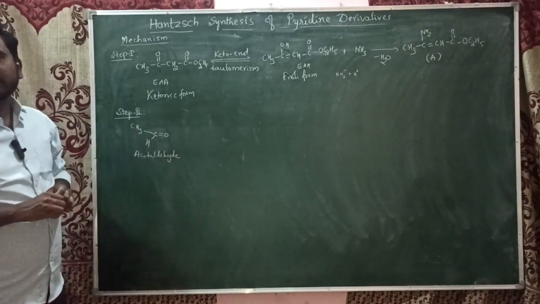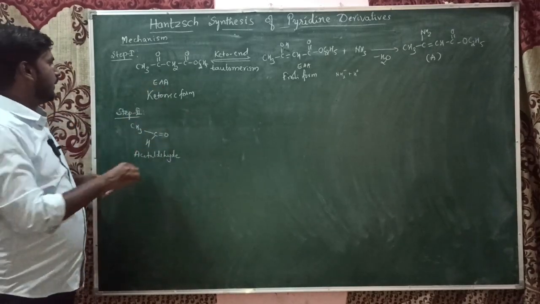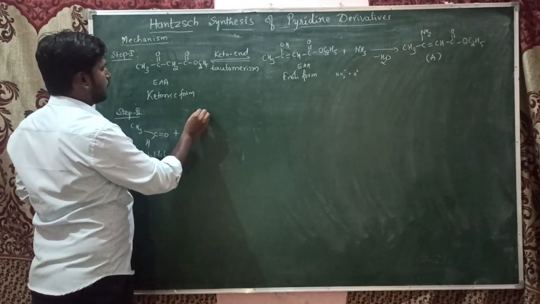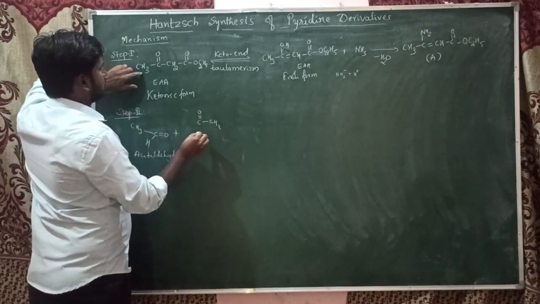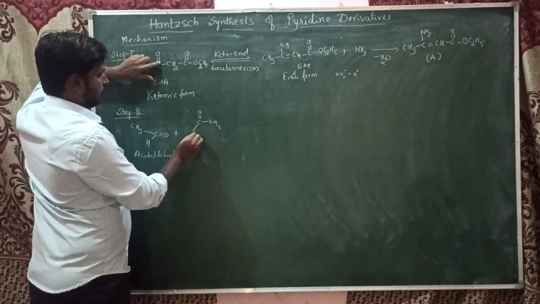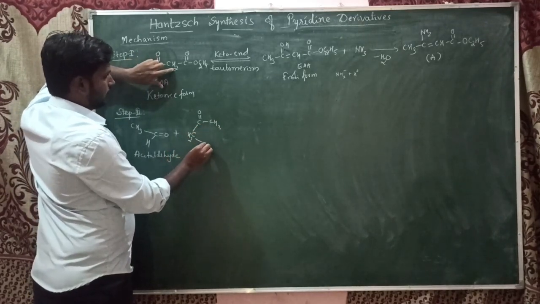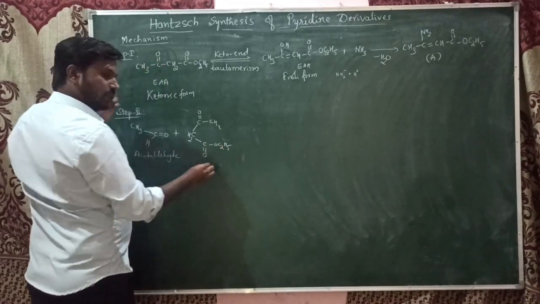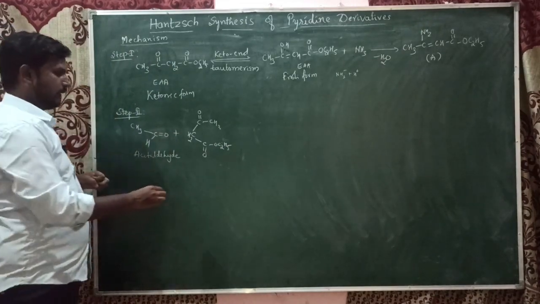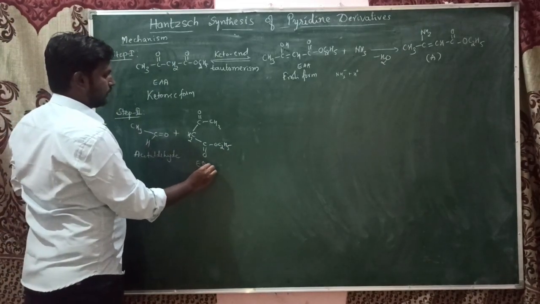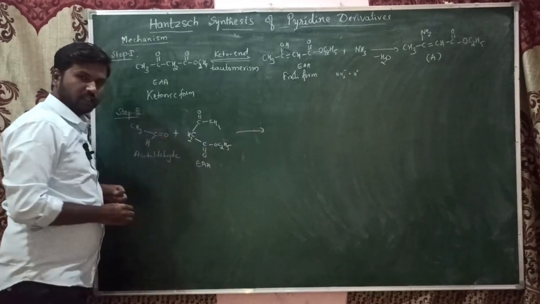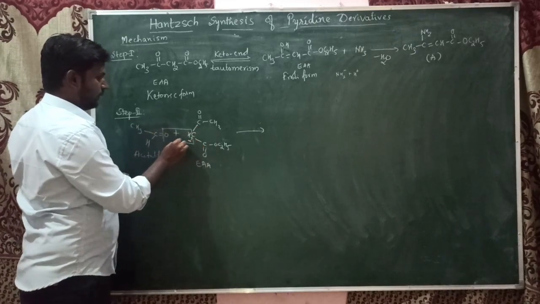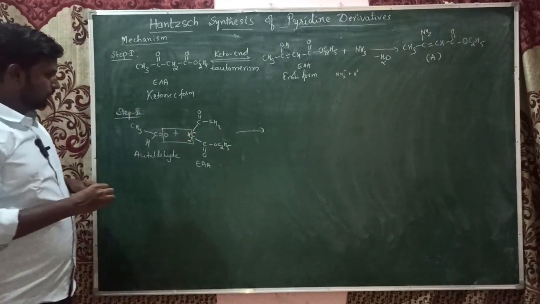Now it is going to condense with this EAA, CH3COCH2COOC2H5. This is also the same compound, EAA. So when these compounds undergo condensation, the oxygen and H2 will be eliminated as water.